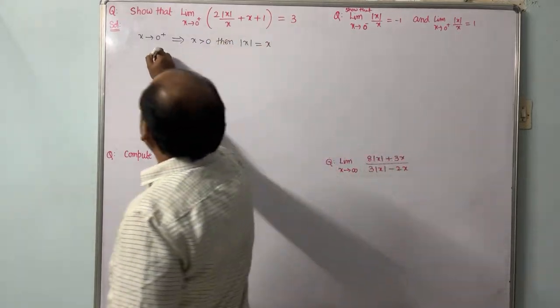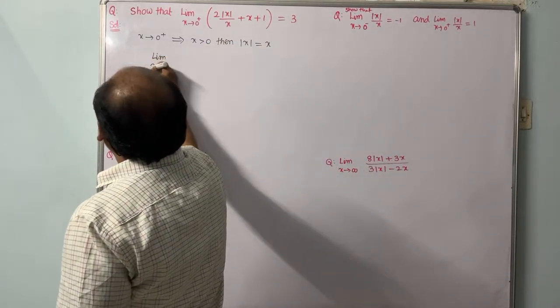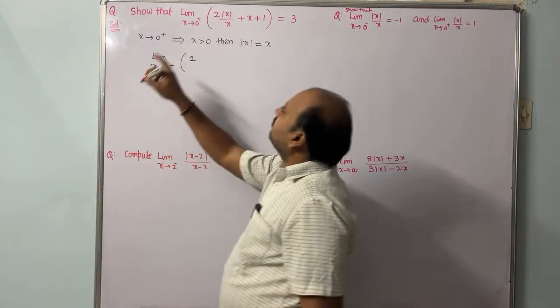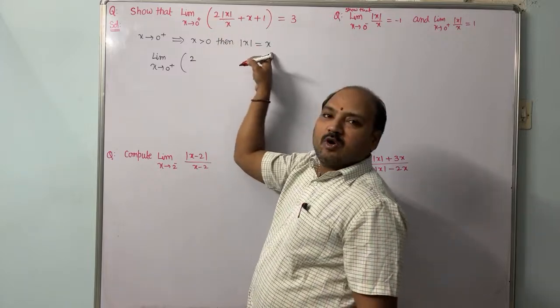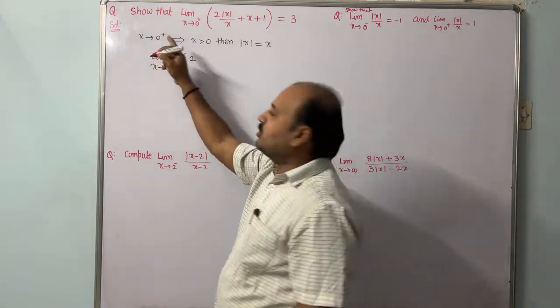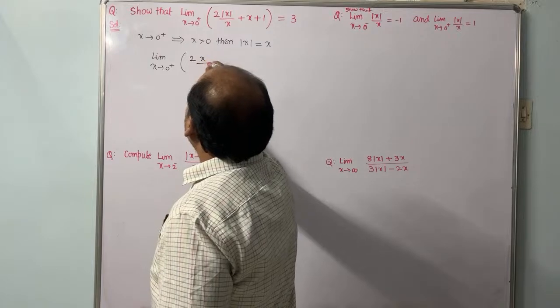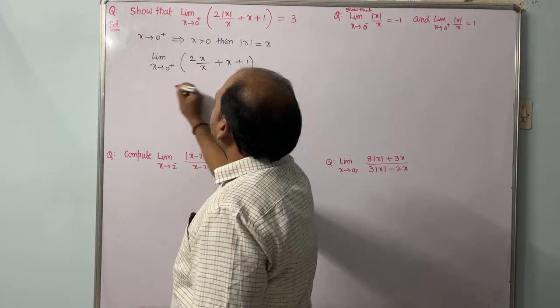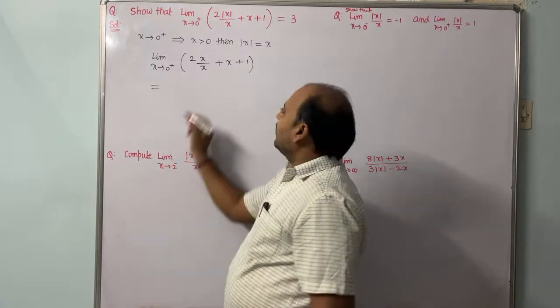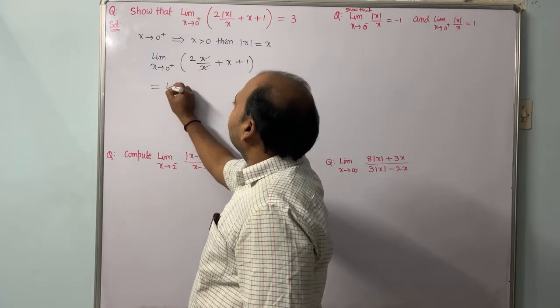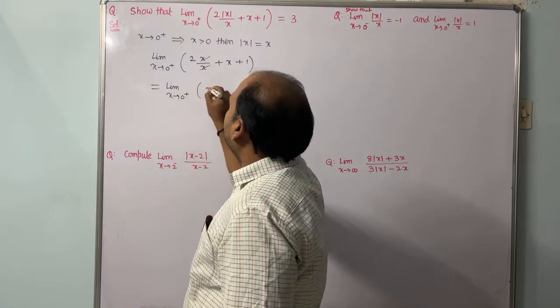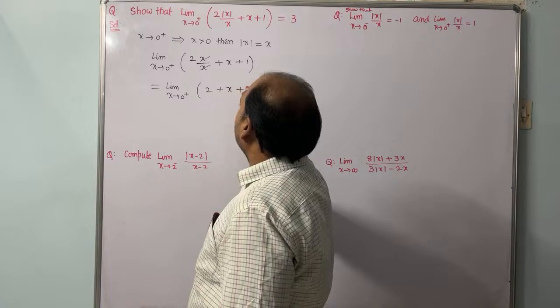Now come to the limit. Limit x tends to 0 plus of 2 into mod x, where mod x becomes x when x is tending to 0 plus, divided by x, plus 1. Here x gets cancelled: limit x tends to 0 plus of 2 plus x plus 1.